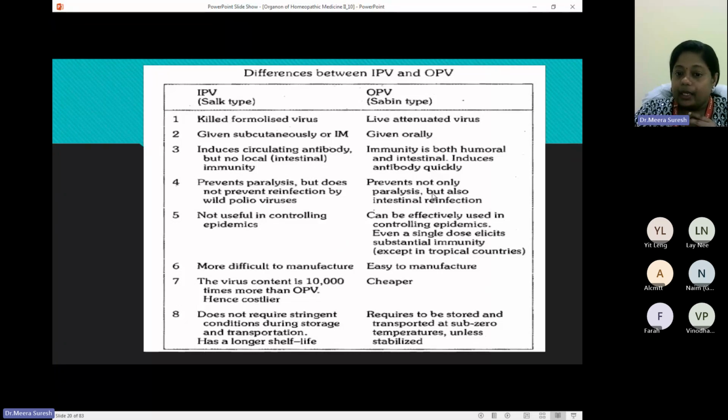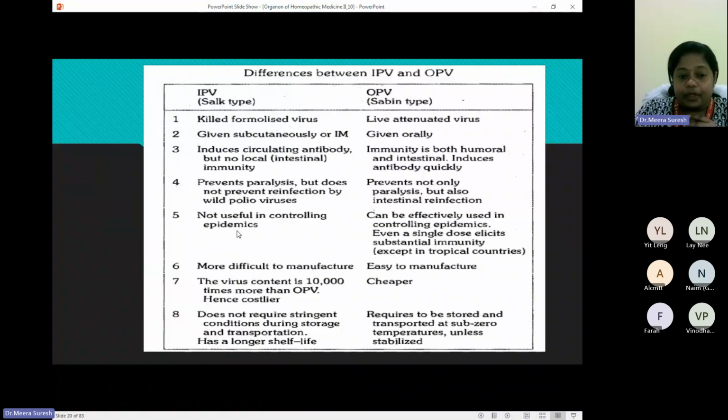But in case of OPV, it prevents paralysis because there is humoral antibody. And because of that local antibody in the intestine, there is no chance of intestinal reinfection also. Even if the virus is coming, it is not going to get infected. The antibody present over there will be killing those viruses.